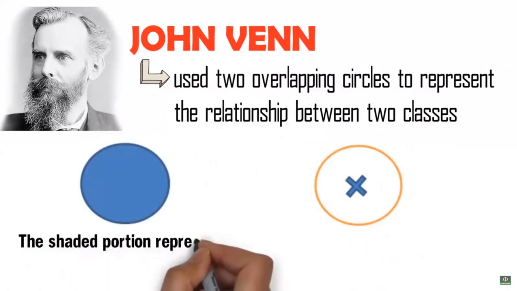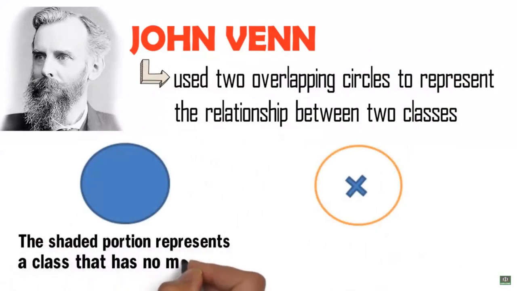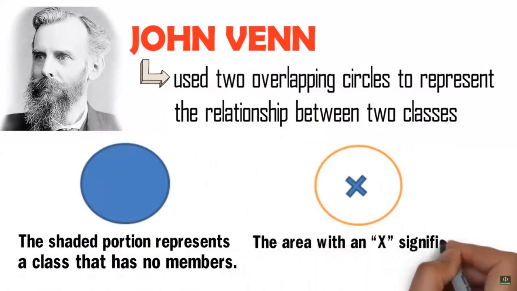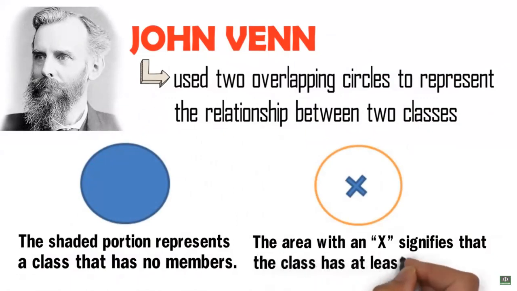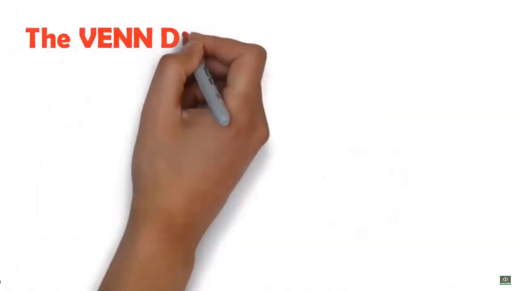The shaded portion represents a class that has no members, while the area with an X signifies that the class has at least one member. Generally, this is what a Venn diagram looks like.